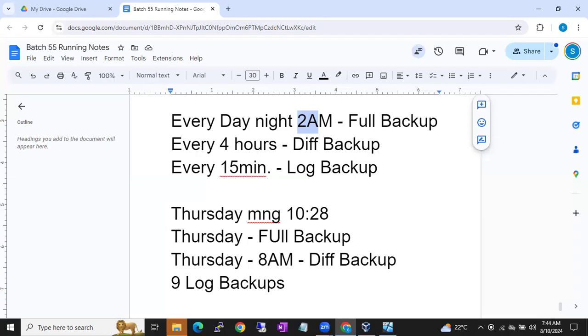Swapnil, Akshita, Ramya, is it clear now? Yes, I got it now.